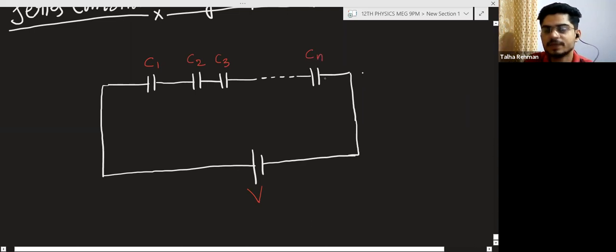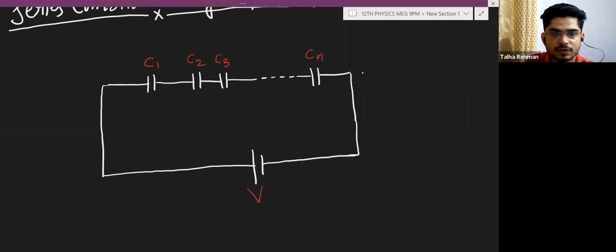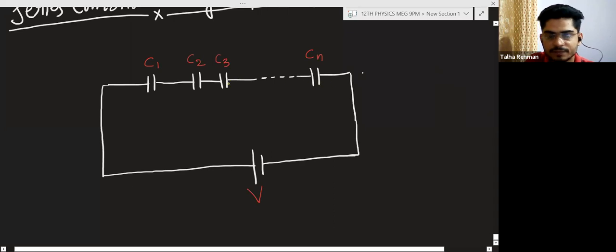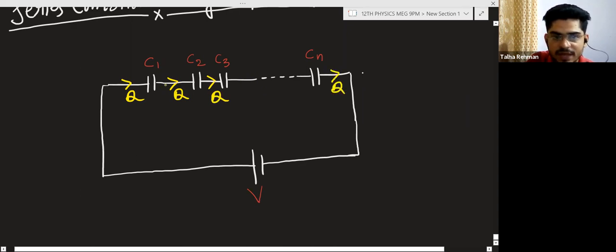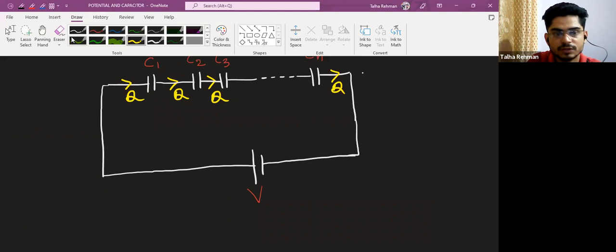Means n capacitors are connected in series. And why are they in series? Because you can see here the wire is the same. There is no branching. So the charge is the same. Across each capacitor, the charge will be the same.